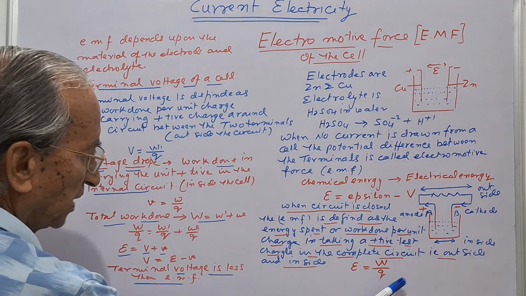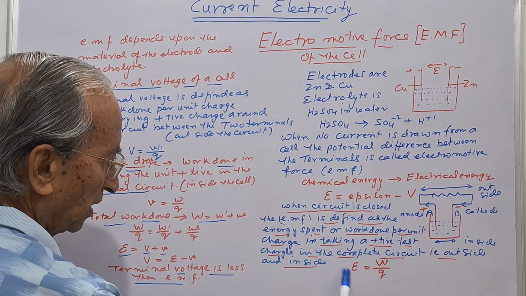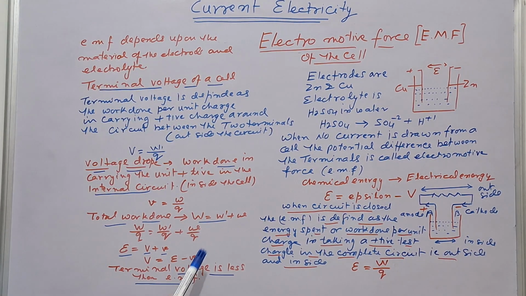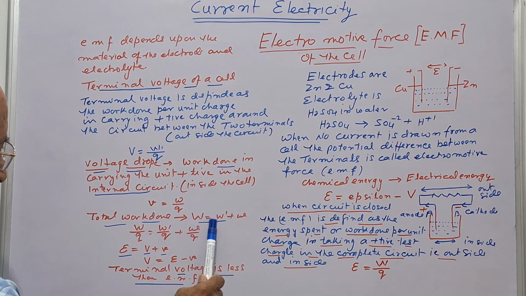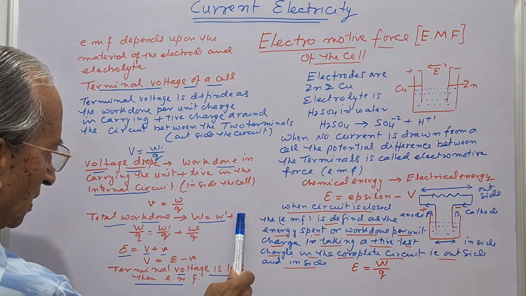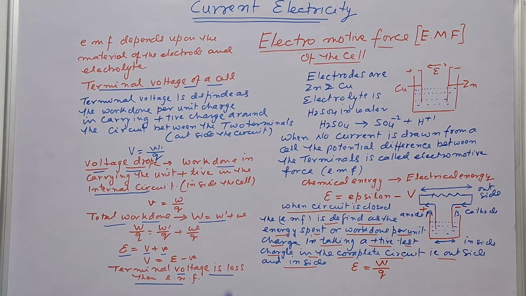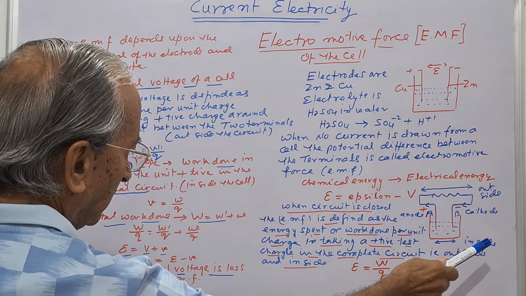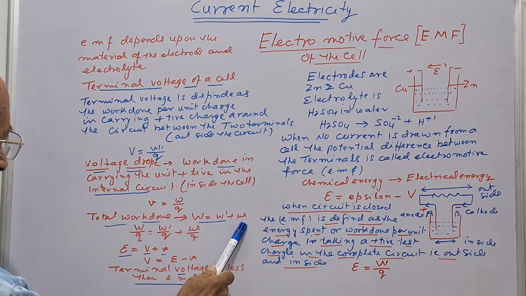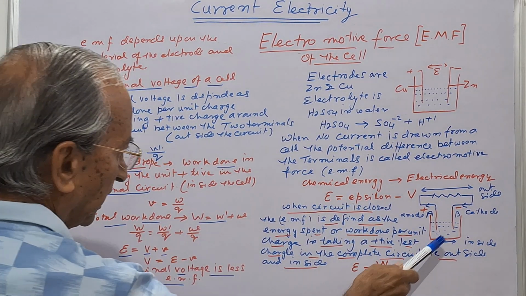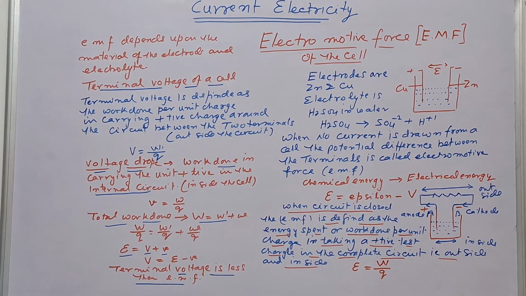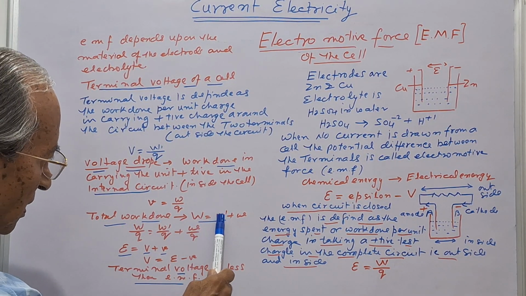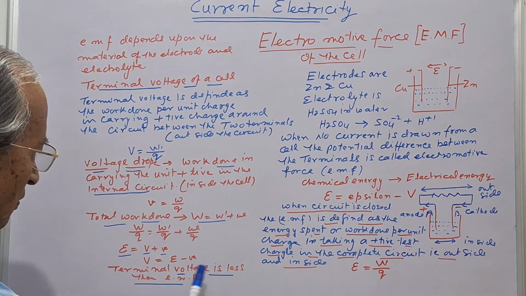Now I said that the total work done in the outside and inside circuit, capital W, is equal to W1 plus small w, where W1 is the work done for the terminal voltage, the outside circuit, and small w is for the voltage drop, the inside circuit.